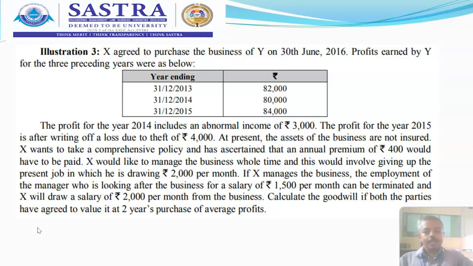As we have seen in the previous illustration, I explained what are the steps to be carried out to adjust the profit. So now, as I explained, you must have taken a note in your notebook with proper steps. Now I request you to calculate the goodwill.